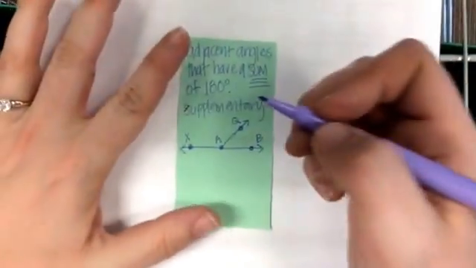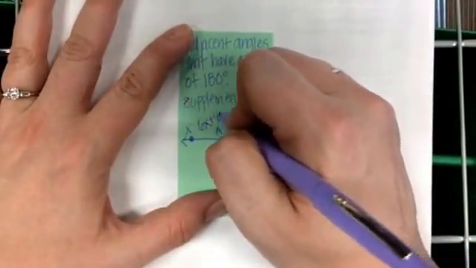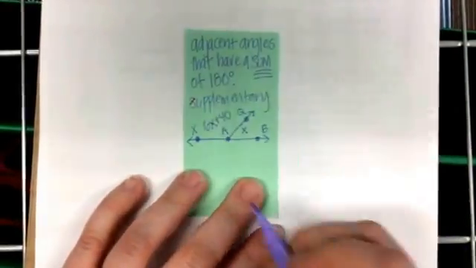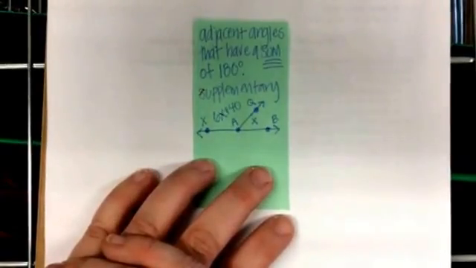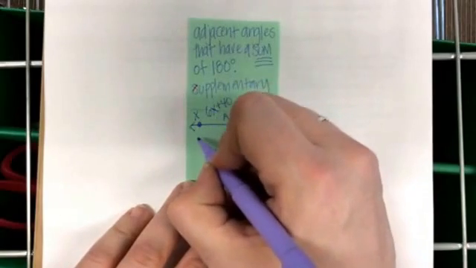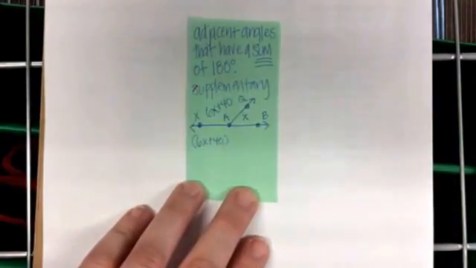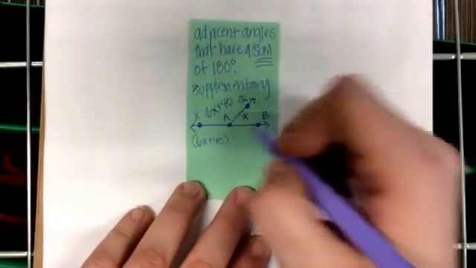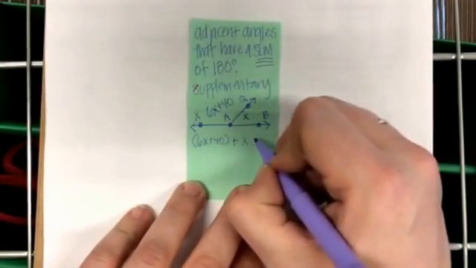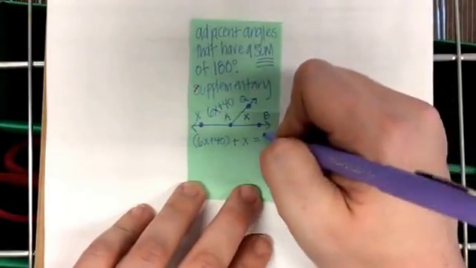All right, so let's say that this angle is 6x plus 40. And this one is x. So 6x plus 40 is one angle, right? Plus, what's the other angle? And together, what do they make? 180 degrees.